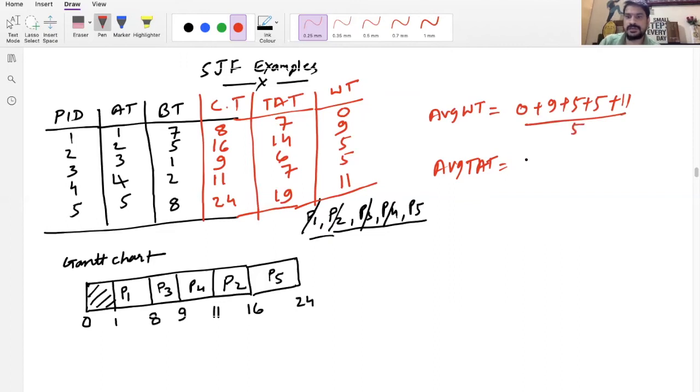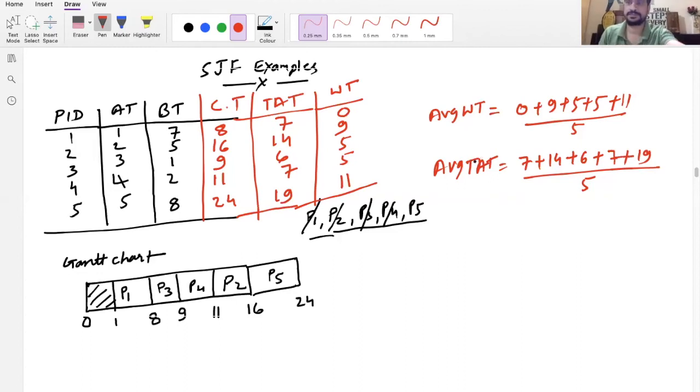Here we have 7 plus 14 plus 6 plus 7 plus 19 divided by 5. Okay. So this is how we can calculate the average waiting time and average turnaround time.